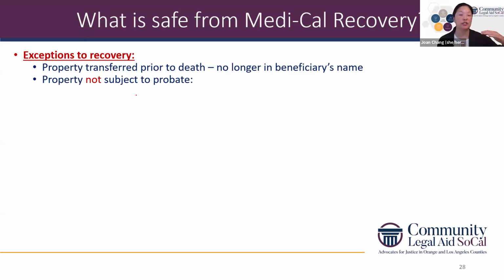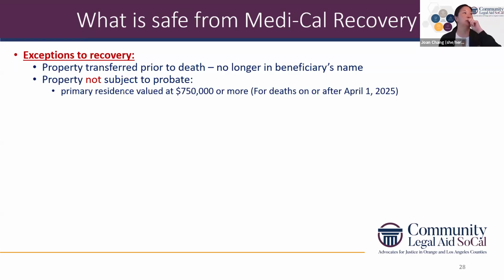Let's break it down because there's a ton of stuff that is not subject to probate. Again, we talked about this. Primary residence that are valued at, oh, sorry. This should say less. I apologize, guys. This is a big error on my part, but this should say less.